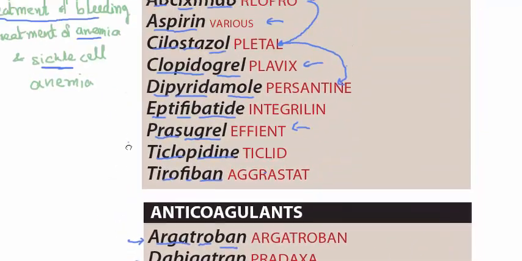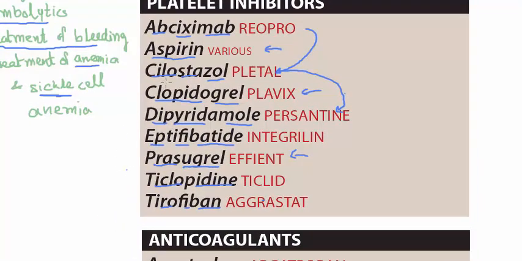And these we have to remember: cilostazol, dipyridamole, abciximab, and then aspirin, clopidogrel, and prasugrel, ticlopidine, and tirofiban. Thank you.